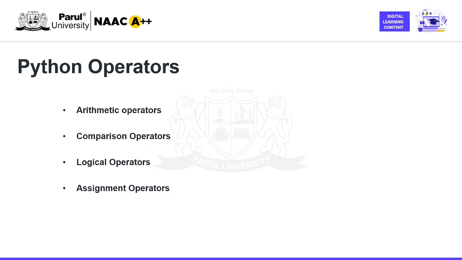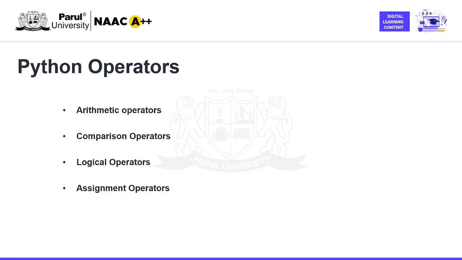So the plus is known as the operator. If we conclude, any operation has two things: operand and operator. Operand means the value on which we perform the operation, and operator means the symbol which performs something.